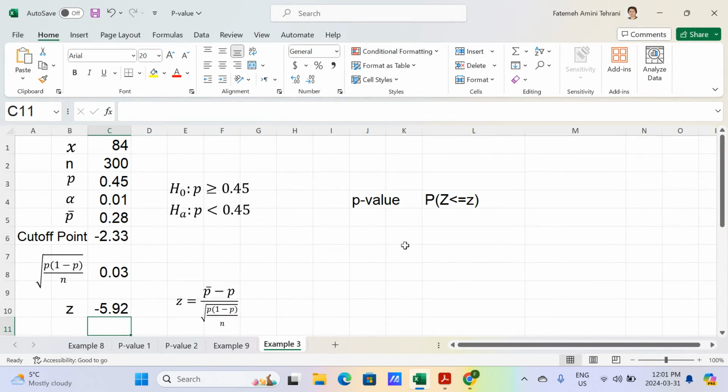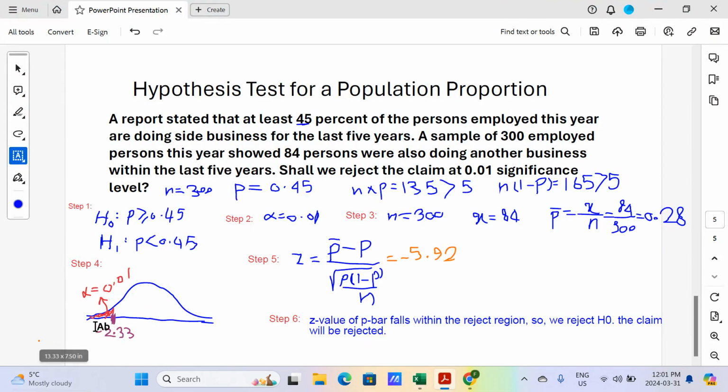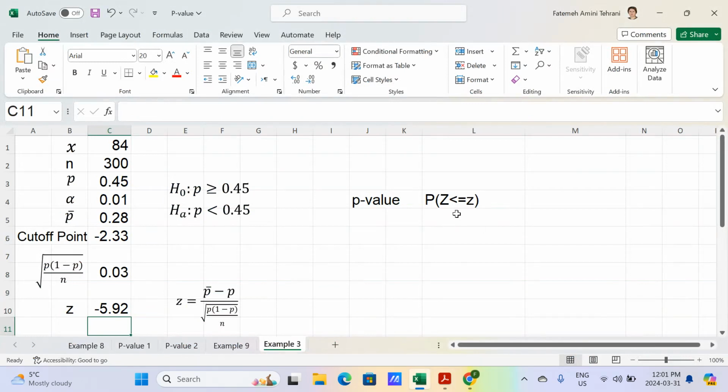We can solve the same question by the p-value approach. I can make the same conclusion by the p-value approach. To solve the question by the p-value approach, because the tail is on the left side, to find the p-value, I'm going to use the probability of observing a z value from the standard normal distribution which is at most equal to this z value, minus 5.92.